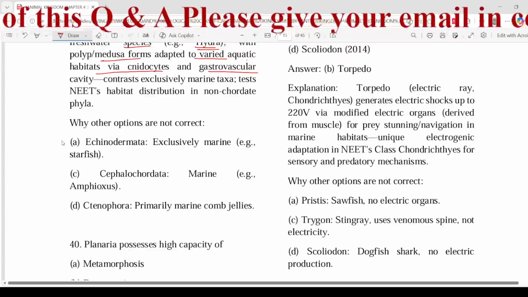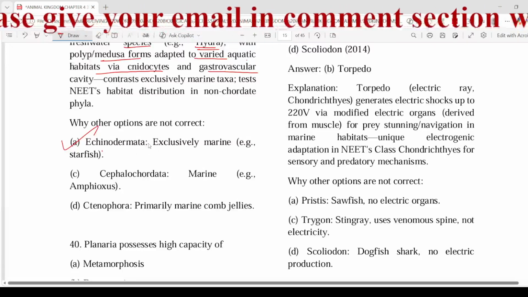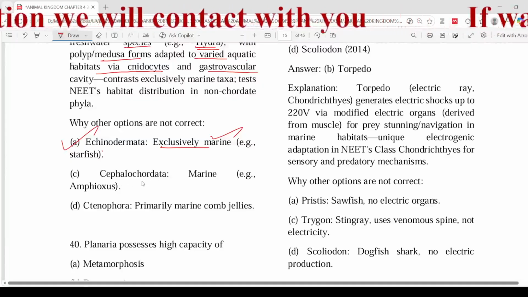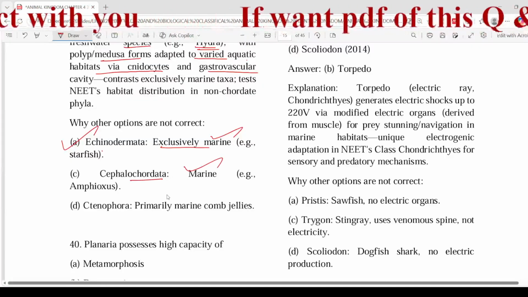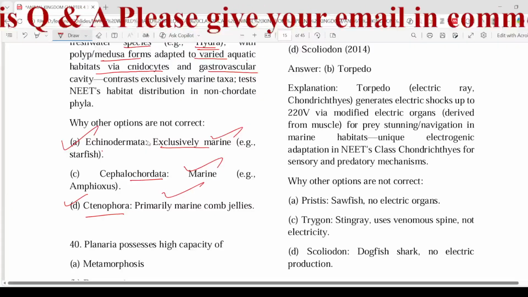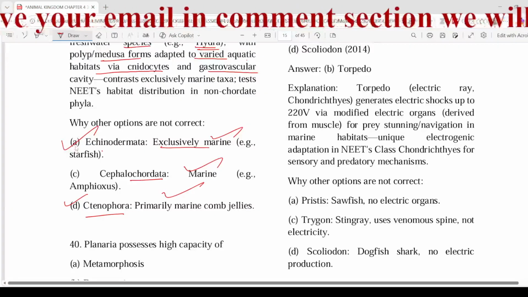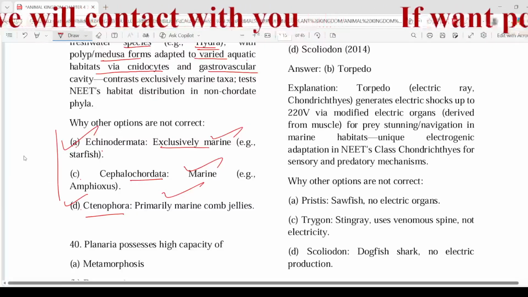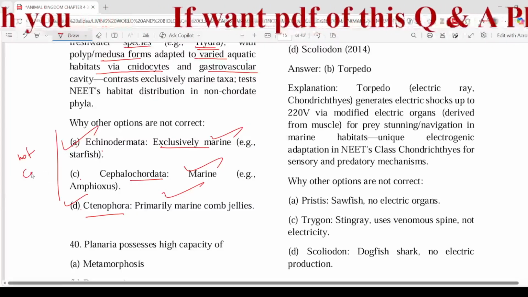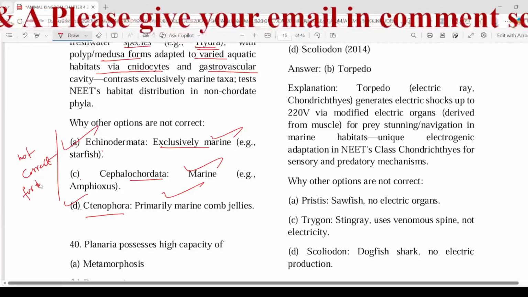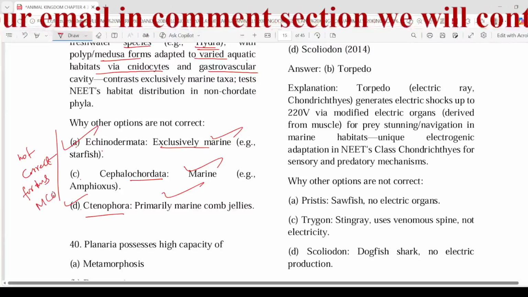Why are the others not correct? Echinodermata are exclusively marine, cephalochordata are also exclusively marine, and ctenophora are also exclusively marine. That's why options A, C and D are not correct for this MCQ.